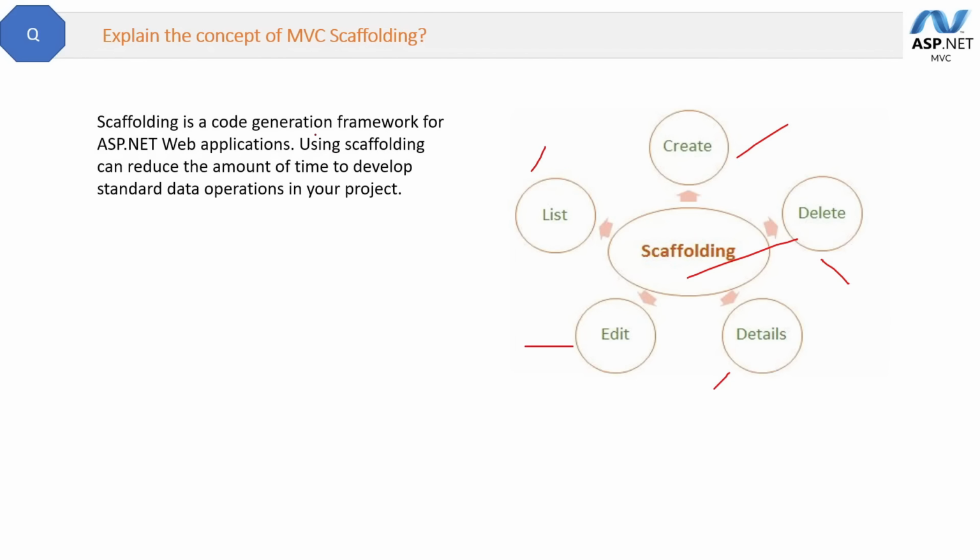If we look at the definition, scaffolding is a code generation framework for ASP.NET web applications. Using scaffolding can reduce the amount of time to develop standard data operations. So these CRUD operations, create, delete, edit, are standard data operations, and they can be easily done with the help of this scaffolding concept.